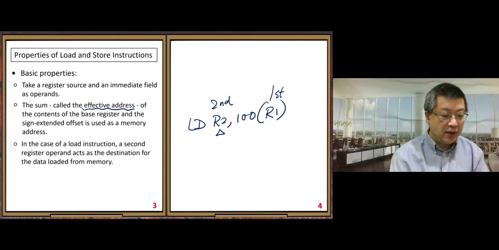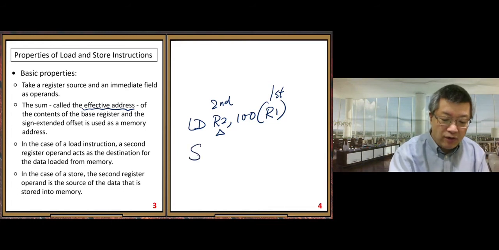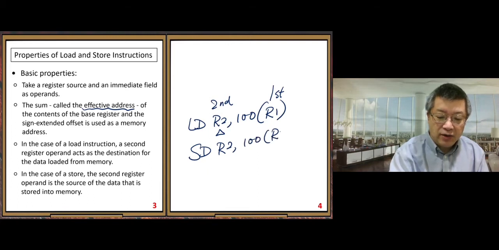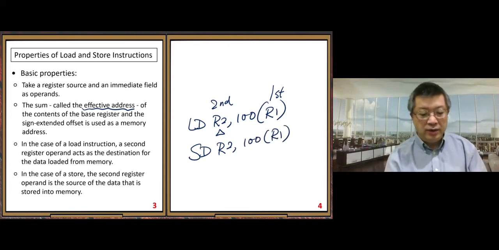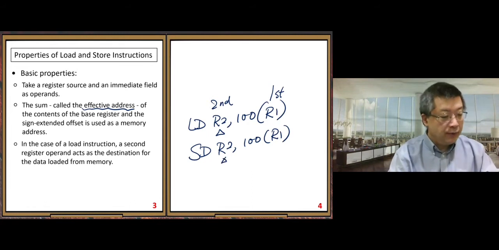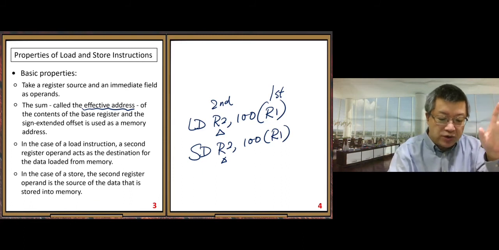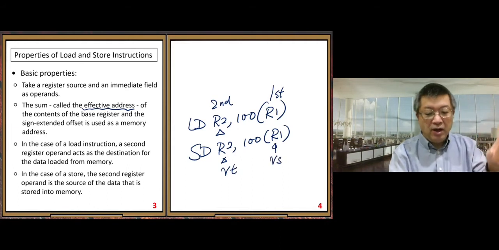That's this case. The next one, in the case of a store, let me write a store version. R2 still, let me use R1. Now, here, the second register operand is the source, RT, okay? RS, RT, both RT.